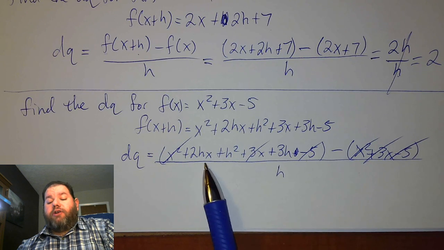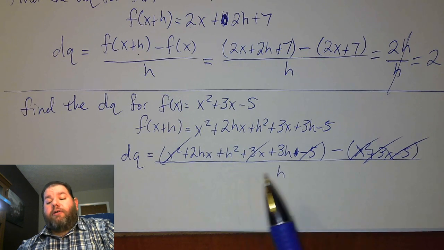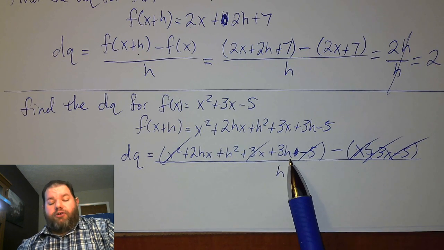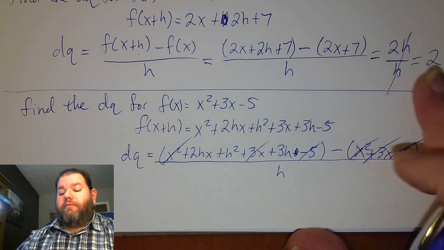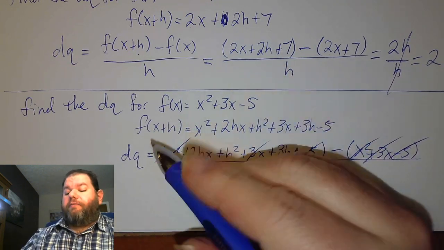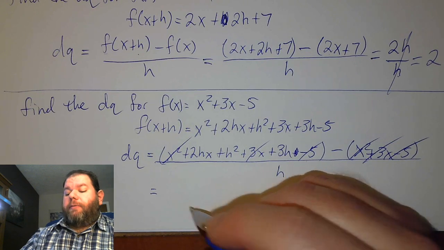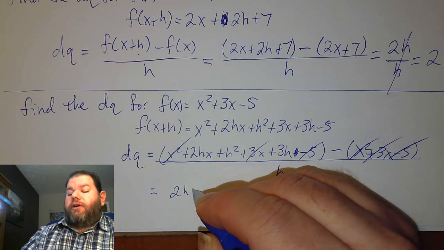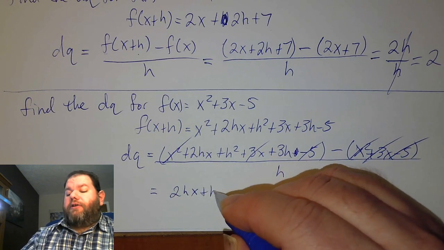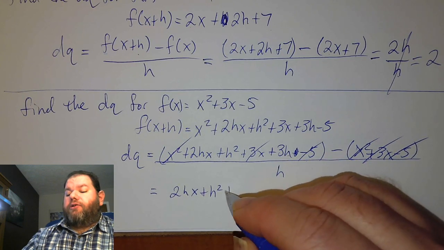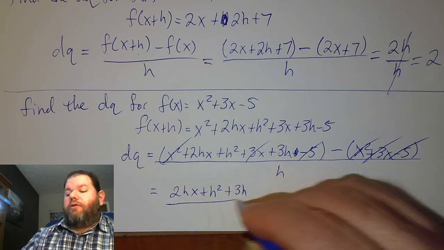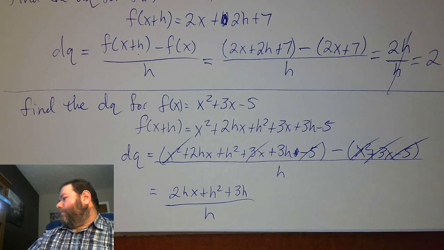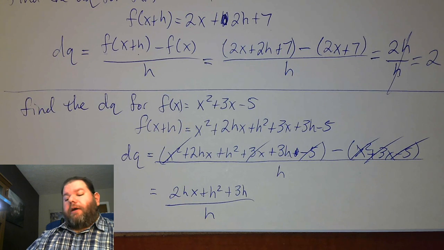Now, we look at what's left over. We have 2hx plus h squared plus 3h over h. And then we divide everything by h.